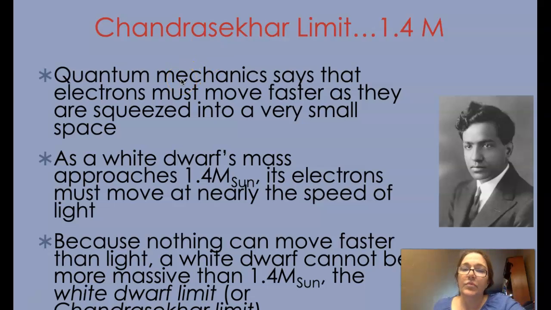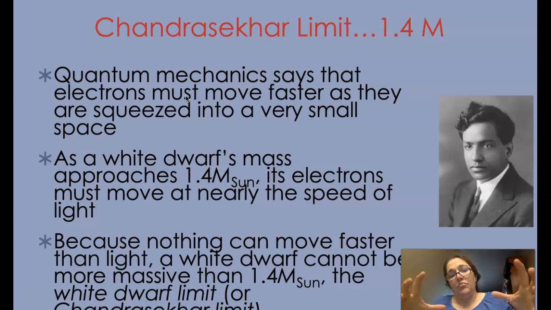So now we'll go on to the next one. We get to the Chandrasekhar limit, which is really important. Make sure that you remember this. Quantum mechanics says that electrons cannot move faster than the speed of light. But as you squish on a material, the electrons in it will actually move faster and faster the more pressure that you have.